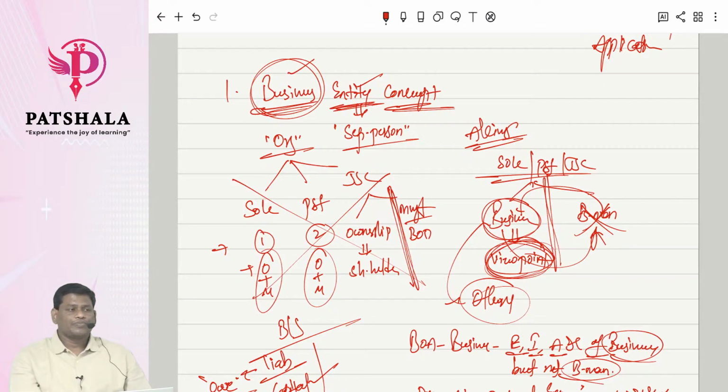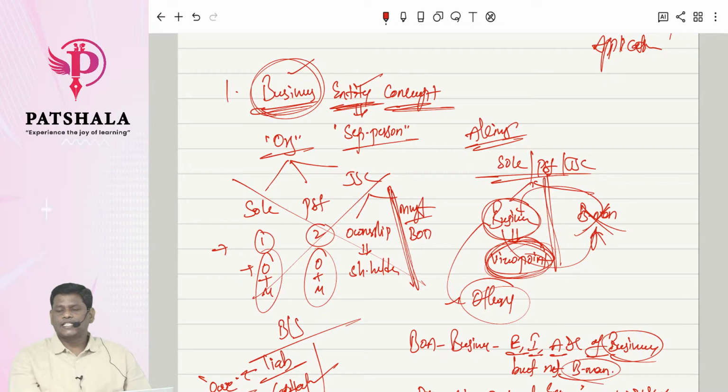Next point. Business does transactions with businessman and outsiders.